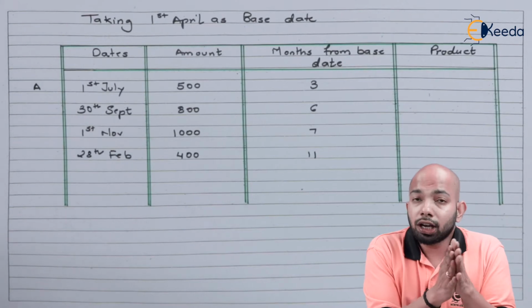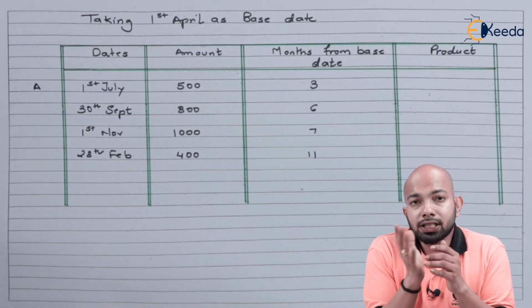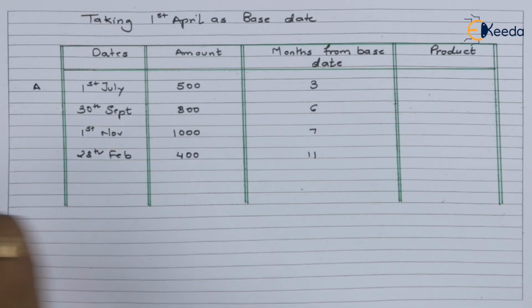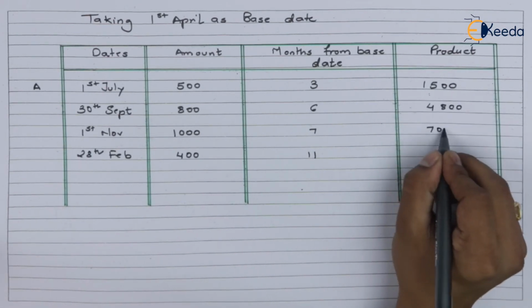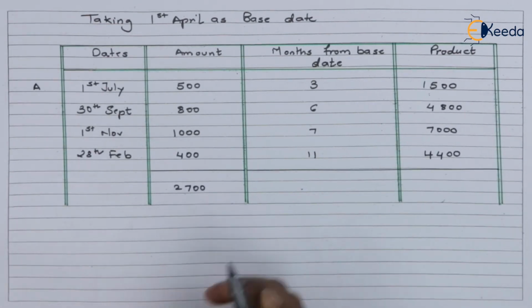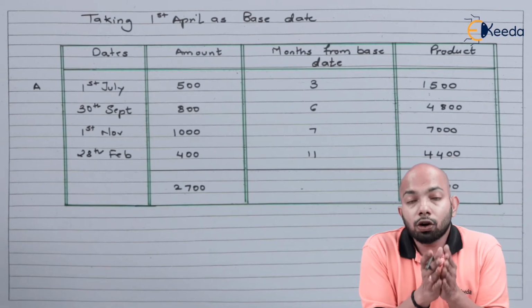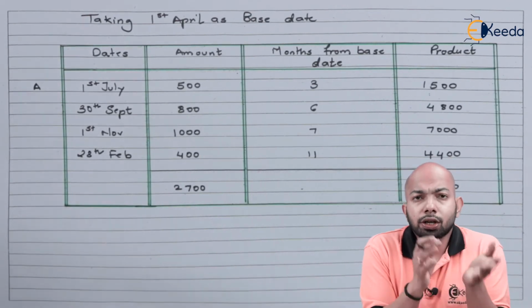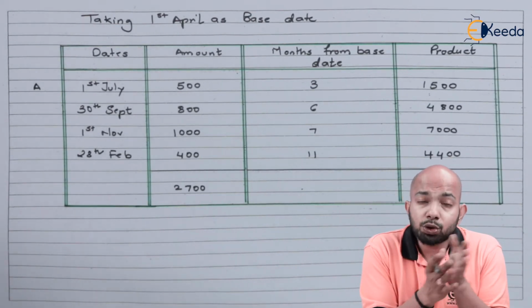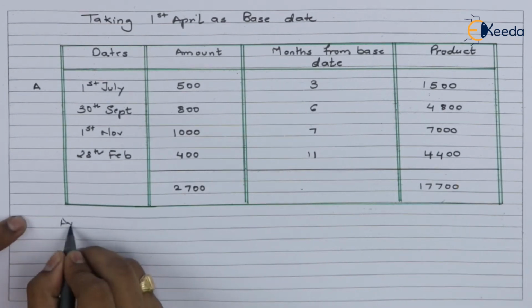Similarly, we have to do it for the other months as well. Now that we have figured out the number of months, let's take the product, that means amount multiplied by months. So the totals of product and amount have been taken into consideration. Let's figure out how many months it is which will be added to the base date.